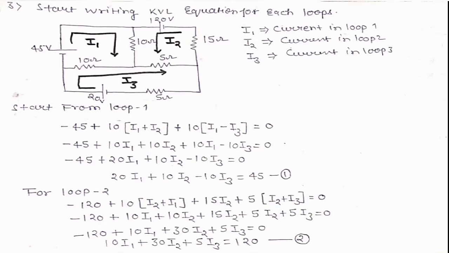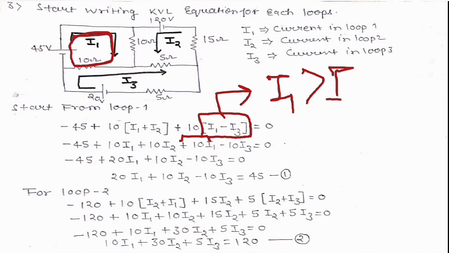In this case, because we take I1 moving in this loop, we assume I1 is greater, that is the assumption to write the KVL. So here we have written 10 times I1 minus I3, which means we assume I1 is greater than I3, because we do not know the values of I1, I2, I3.